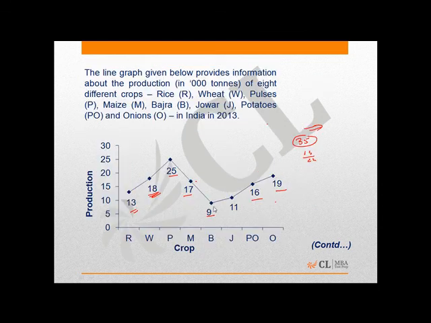Which is 9, which is 11, which is 13, then 16, then 17. If you add these values, 17 plus 13 plus 9 plus 11 plus 16, this gives you 66. If you take one more crop, then the summation will go beyond 70. So I cannot take more than 5 crops, right?